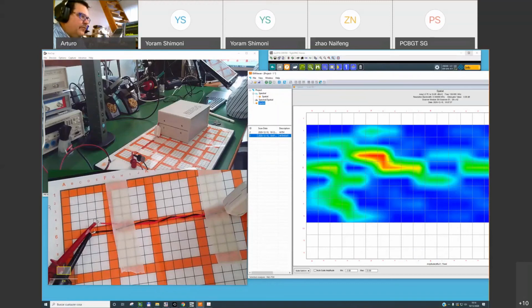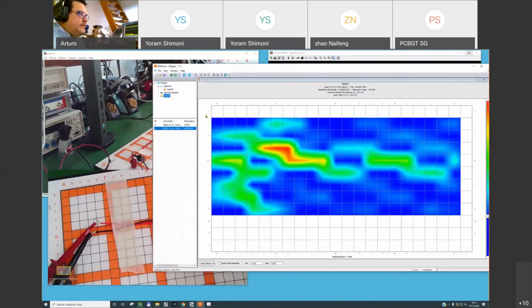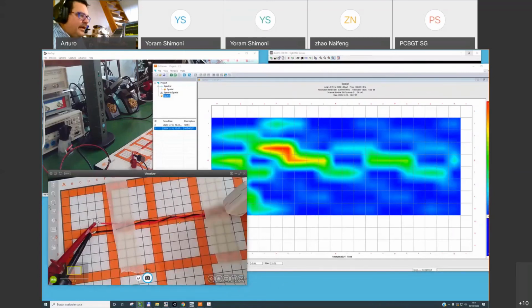So here I have the loop, and the magnetic field created by this loop is bigger than the magnetic field created by these wires that are close to each other. So to be able to measure the common mode current, I need to scan only the area where the cables are very close to each other.